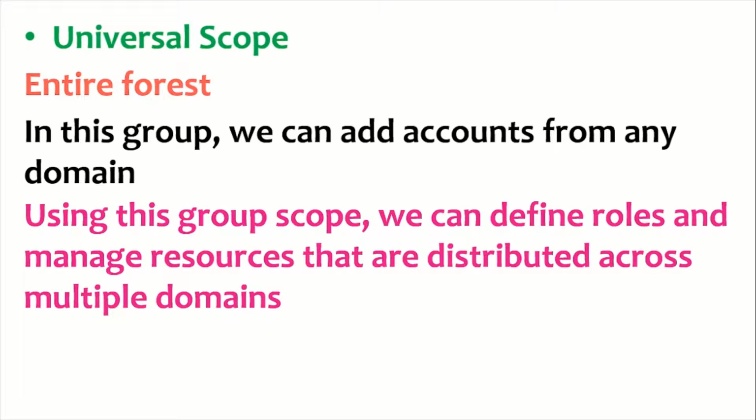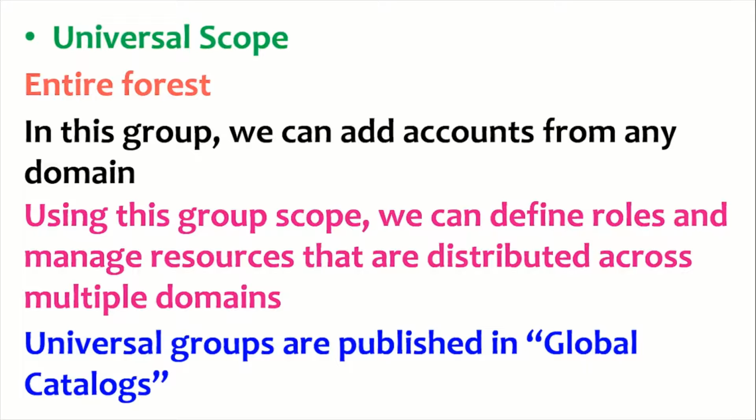Using this group scope, we can define roles and manage resources that are distributed across multiple domains. And we must know that universal groups are published in our global catalogs. We have seen what the global catalog is in our earlier videos.